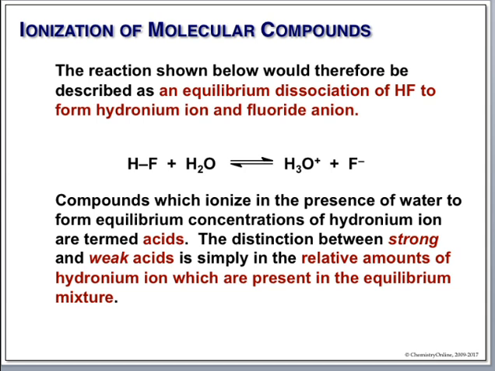With a weak acid, it's just the opposite. The back reaction is 10,000, and this is 1. So with a weak acid, you have mostly this stuff. With a strong acid, you have mostly this stuff. Once again, we're only going to really talk about strong acids in 110.